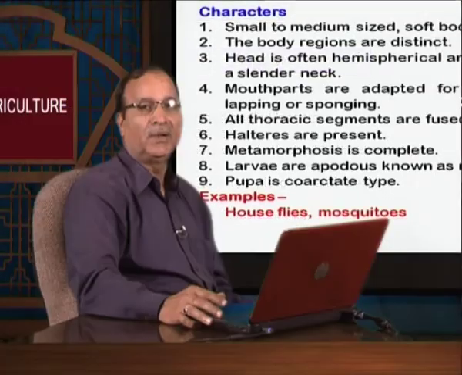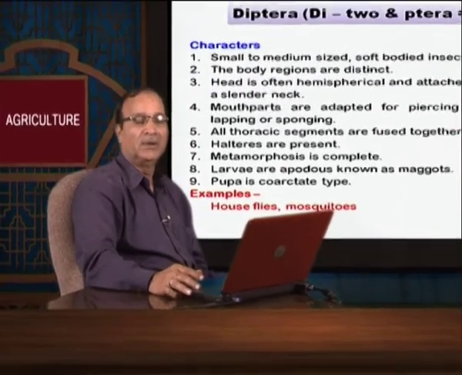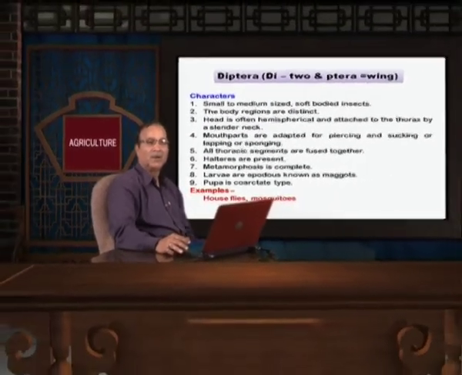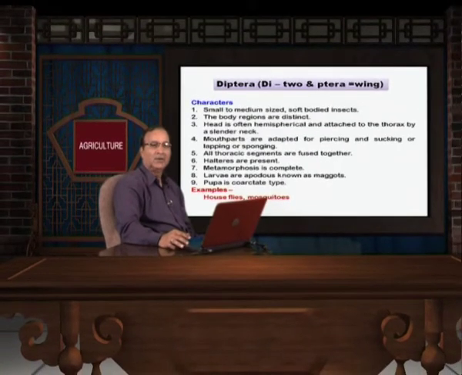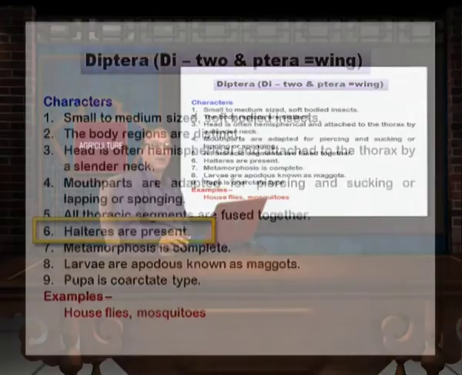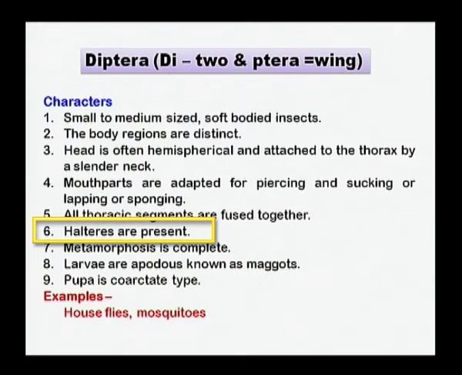This is a modification of the wings. The forewings are modified, and hind wings are completely vestigial, and that is why the name Diptera has been derived. It means only one pair of wings is present.